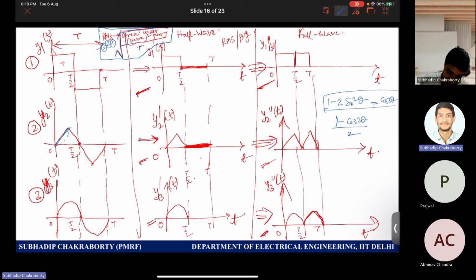Hope you understand what is RMS and what is average, and how to calculate, right?